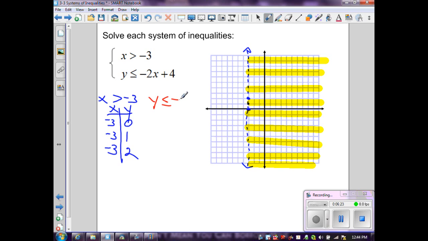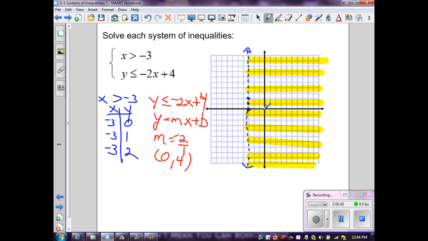Y is less than or equal to negative 2x plus 4. That's going to give me y equals mx plus b. Therefore, my slope is negative 2, and I can put that over 1. That means my line will decrease from left to right, and my intercept is (0, 4).